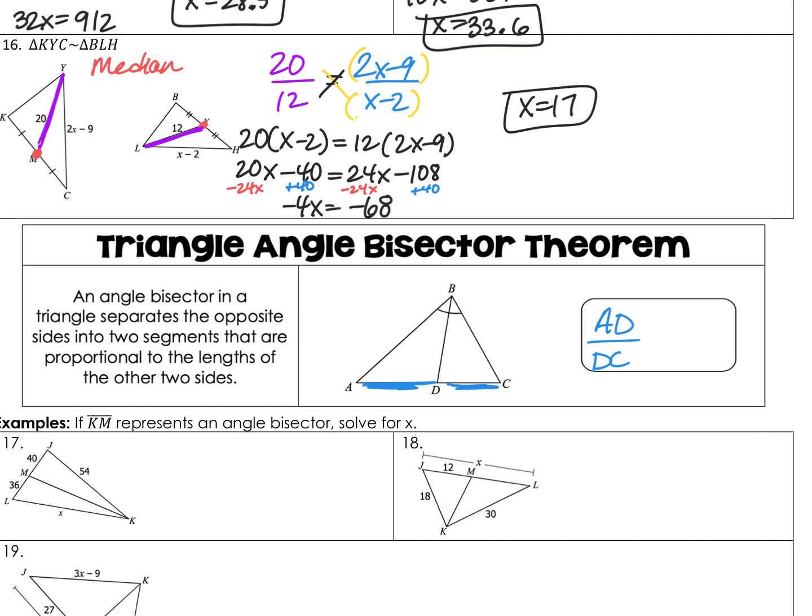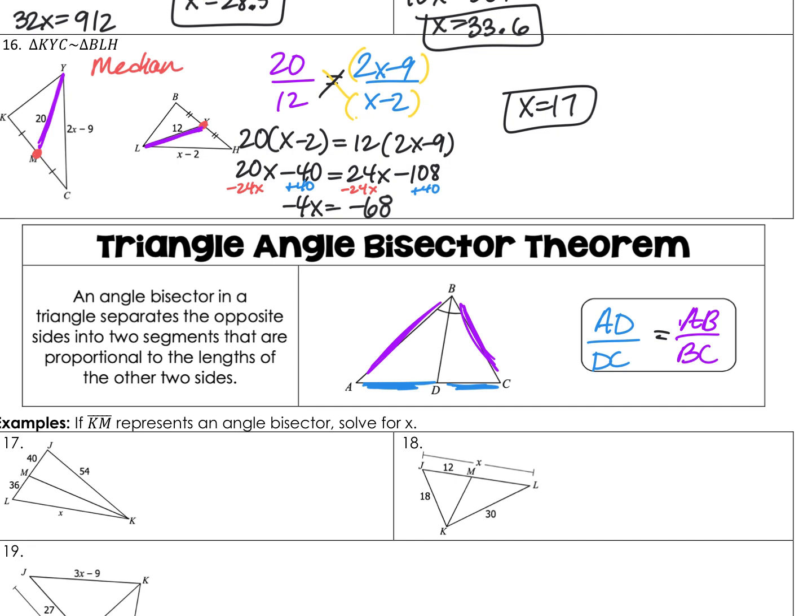This piece to that piece is equal to AB over BC. So this is like within one triangle, that's the difference. On the last stuff, we were dealing with it within 2 triangles. This is not. This is within one, AB over BC. Kind of like the parallel stuff that we did the other day.